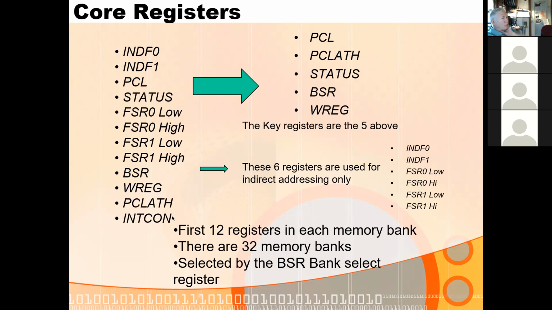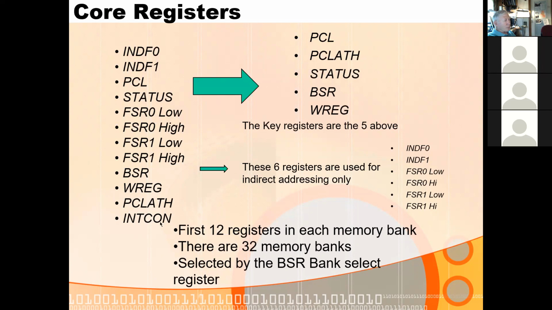And there's actually another one called the interrupt control register that we're not going to really mess with. Well, we are going to use it, but we're not going to talk about it in the context of the programmer's model. The ones I want you to know about are program counter low, status register, bank select register, W register, and the program counter latch high.